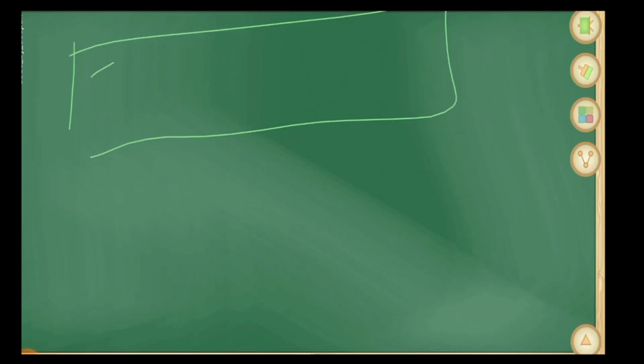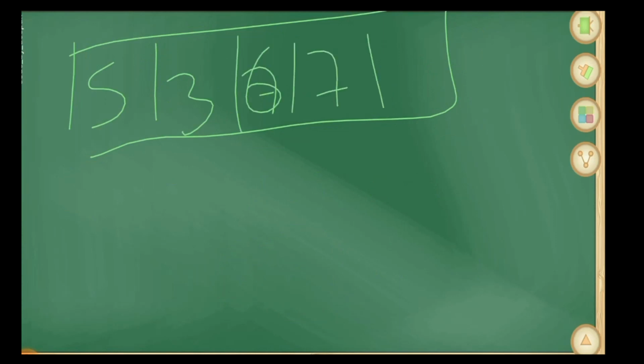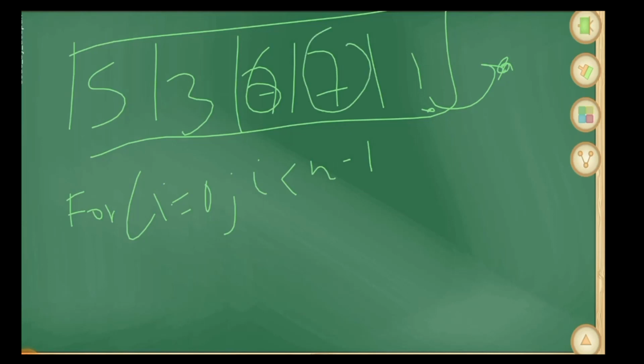Now let's try to analyze the complexity of this problem. The array is 5 3 6 7 1. You run the loop for i equal to 0, i less than n minus 1, because for the last element there does not exist any element after it, so we don't have to go there.